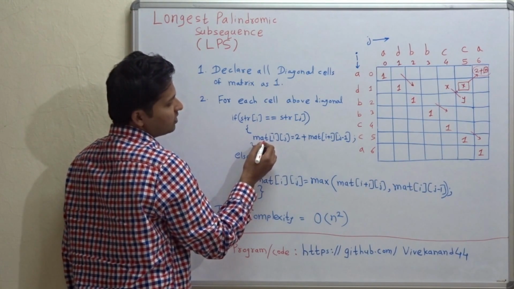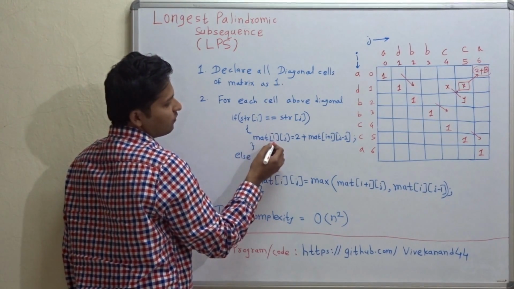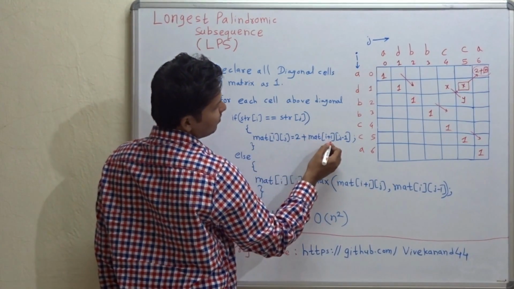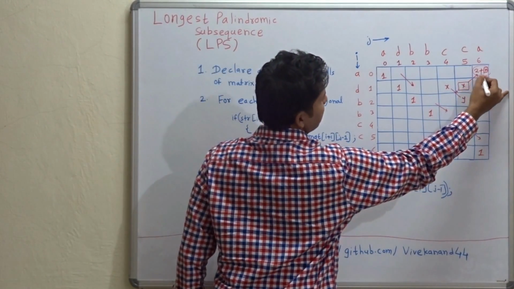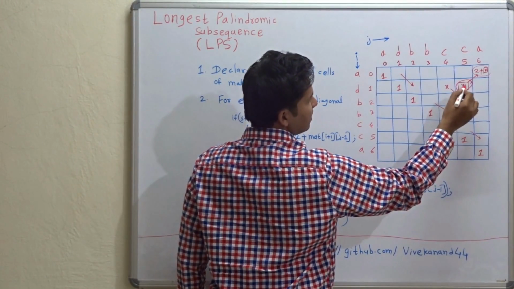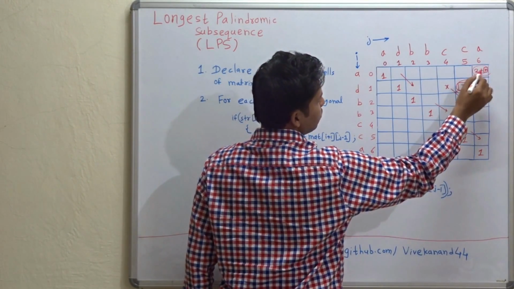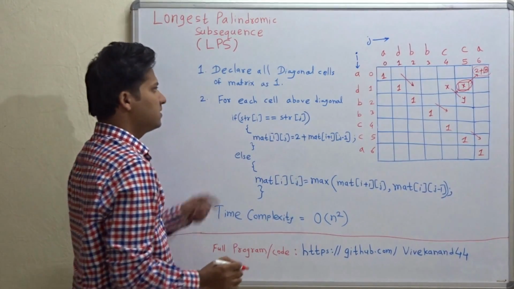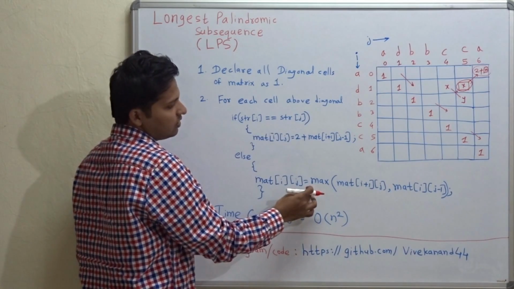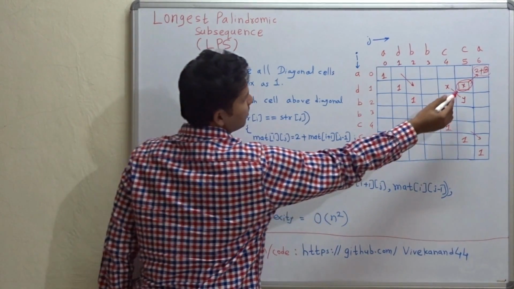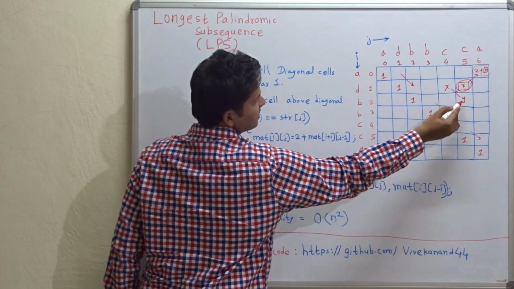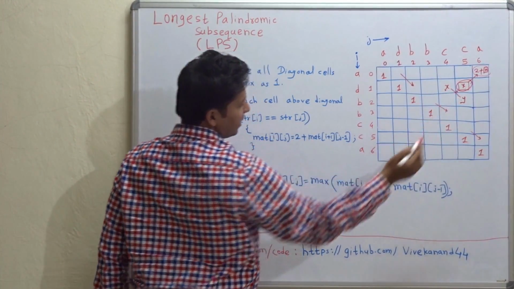If these characters are equal, for example this cell A is equal to A, then you have to populate the value like matrix of ij equal to 2 plus matrix of I plus 1 j minus 1. I plus 1 j minus 1 means this cell, means if value in this cell is x, then here it will be 2 plus x. Else if they don't match, then matrix of ij is equal to maximum of this cell and this cell, that is max of x and y.